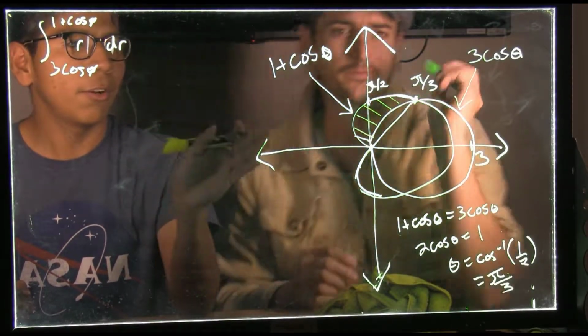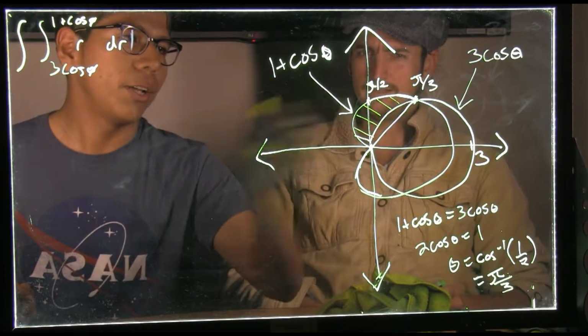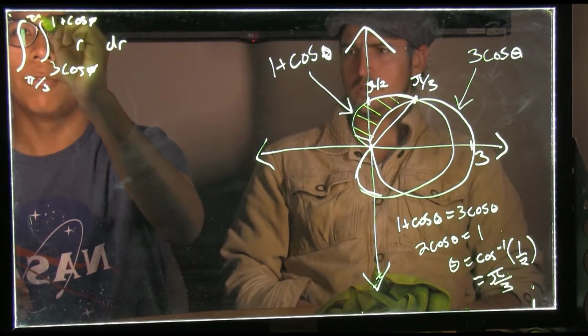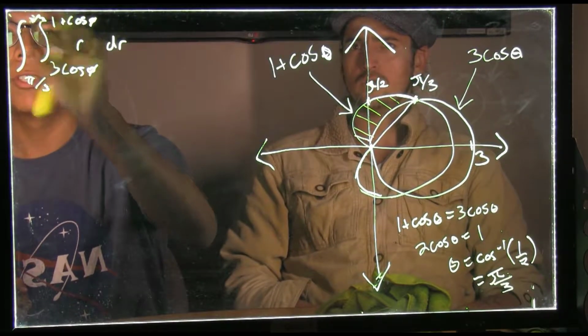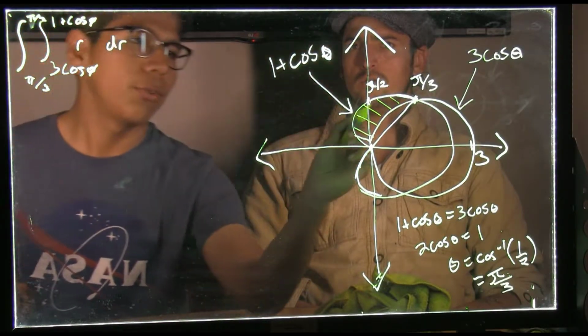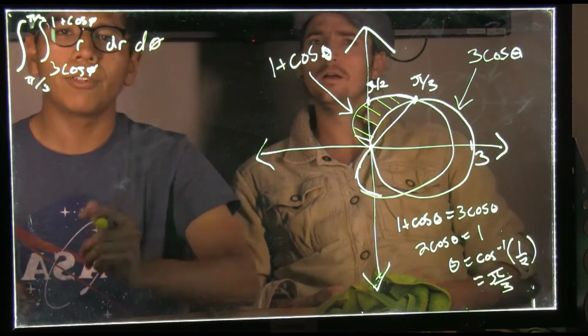And that's the area we're grabbing first. That's going to go from our intersection point, pi over 3, to pi over 2. And that's coming from this area here that Jeff outlined. And that's our first integral.